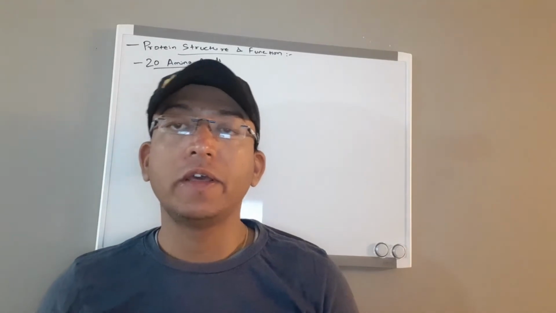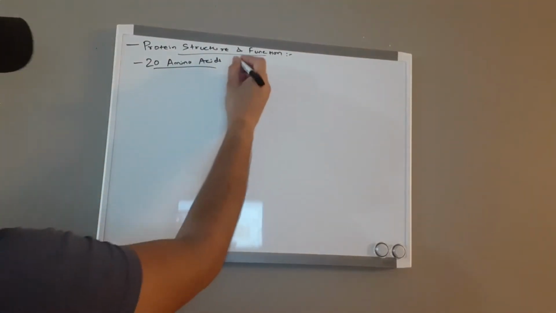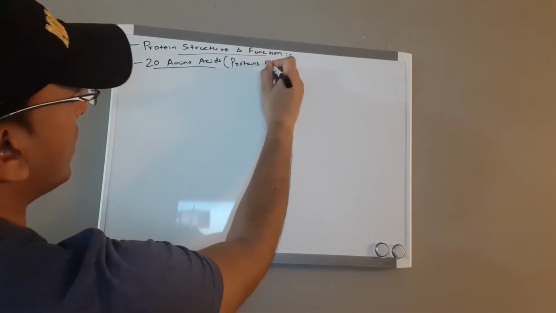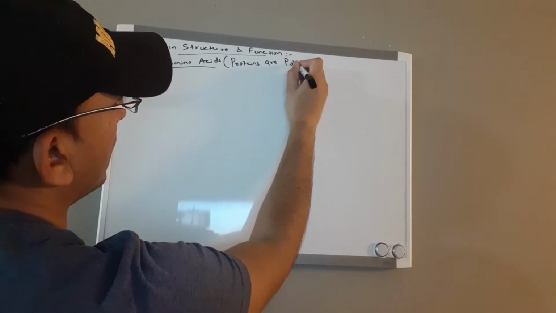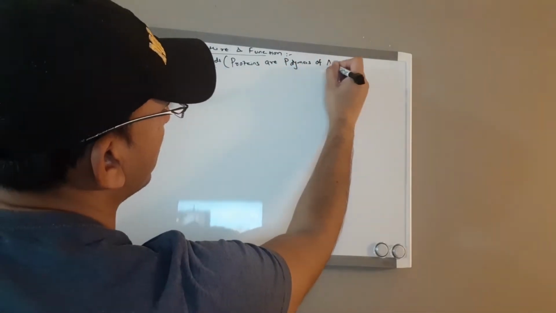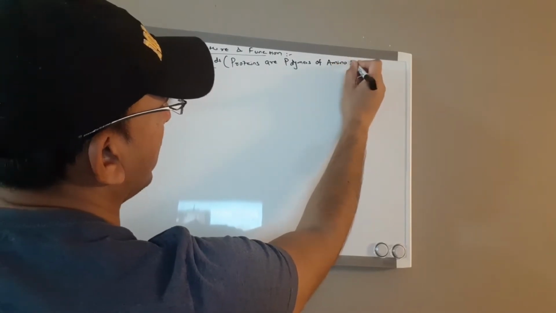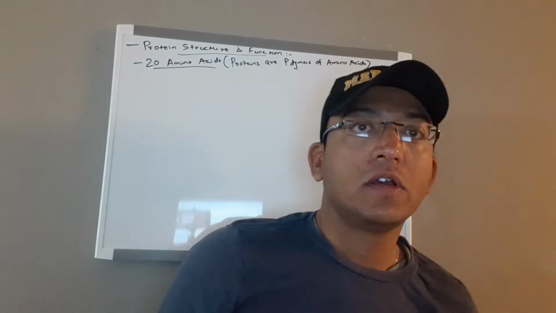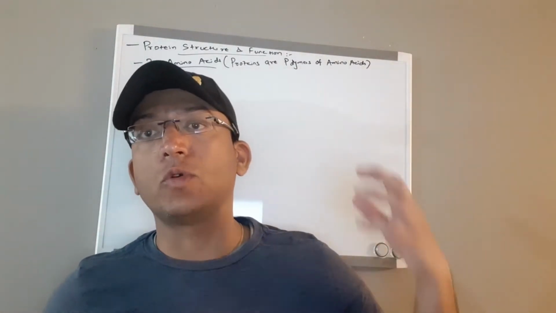So to understand the protein, we have to understand amino acids. Why? Because proteins are polymers of amino acids. All right. So how are these proteins formed?